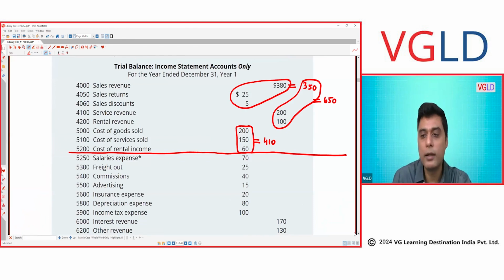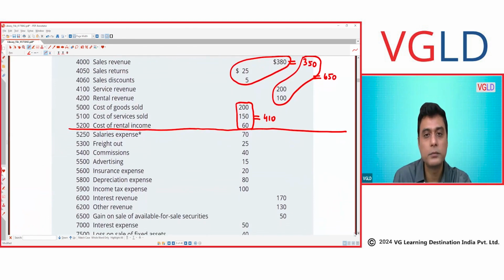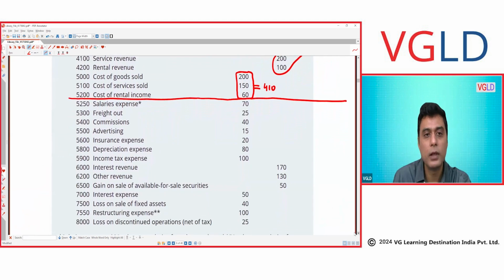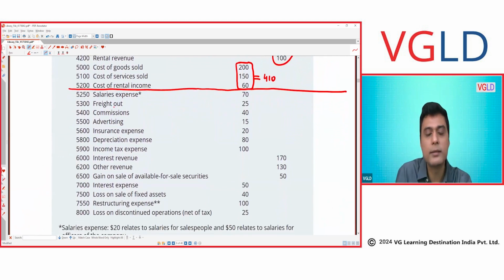Then comes your other items: salaries, freight out, commission, advertising, insurance expense, depreciation, income tax expense, interest revenue, other revenue, gain on sale of available for sale securities, interest expense, loss on sale of fixed assets, restructuring expense, loss on discontinued operations. Discontinued is obviously a completely separate thing, right? Discontinued is completely separate.